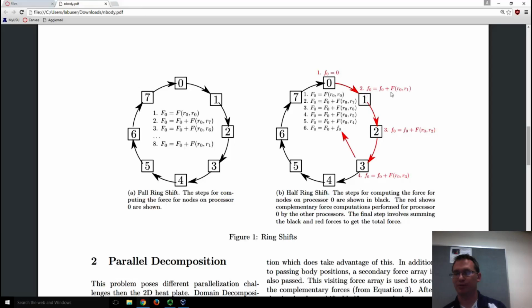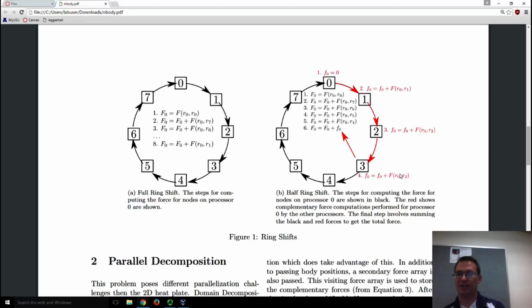Processor 1 then computes the forces from R0 and R1, but then also puts the negative of that into the little f array here. At the same time, processor 0 is handling bodies from 7, 6, 5, and 4, while his little red one handles 1, 2, and 3.